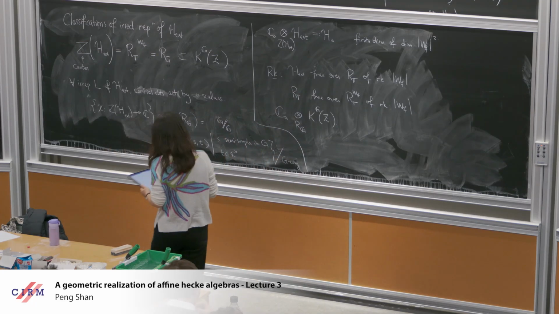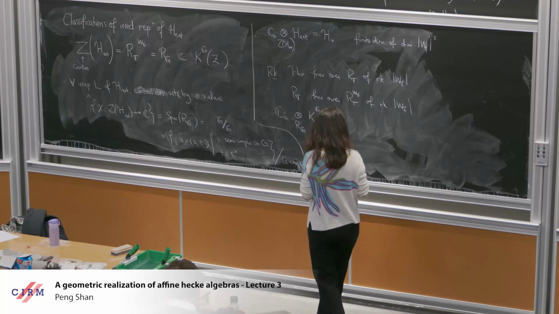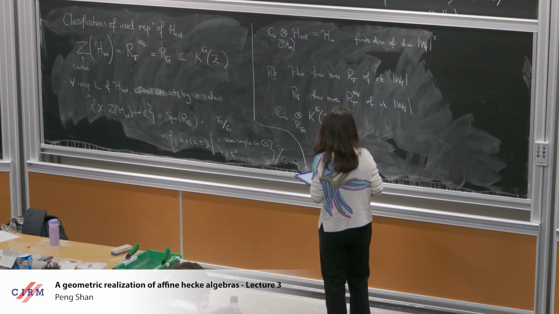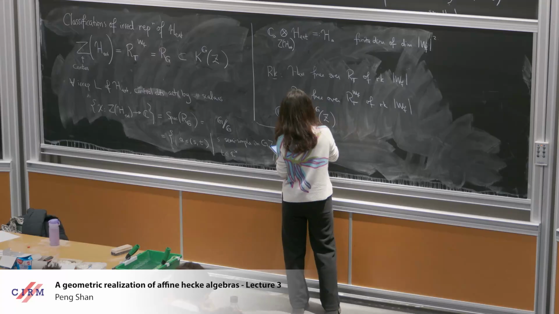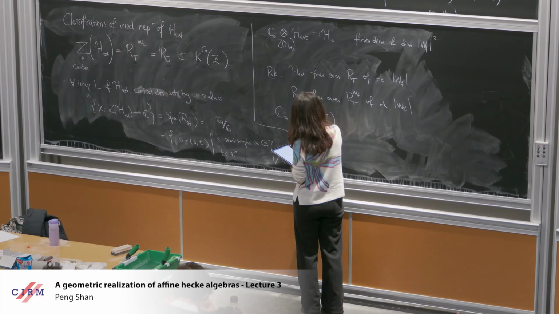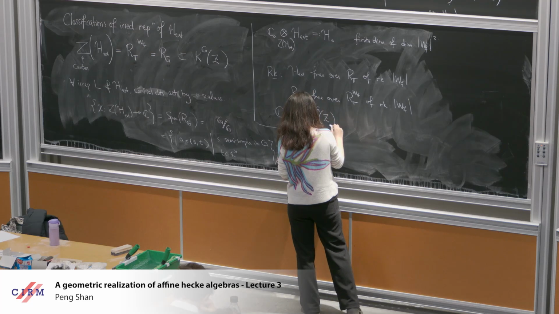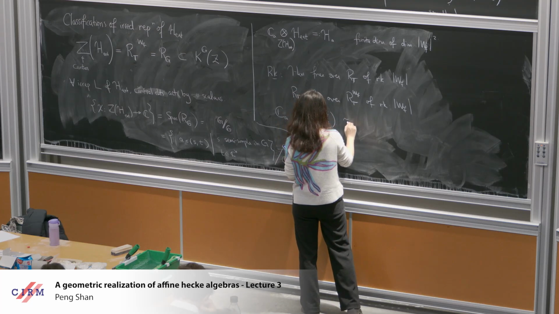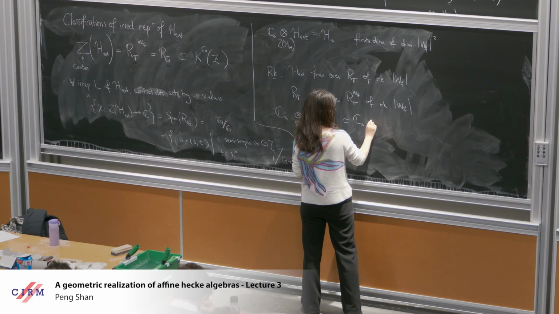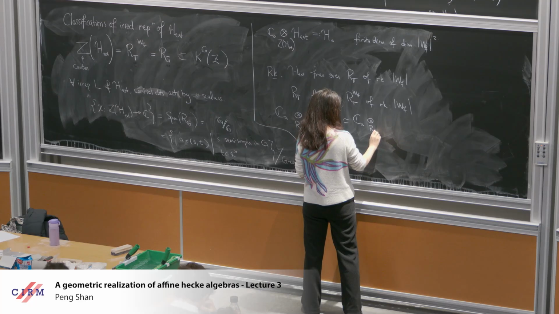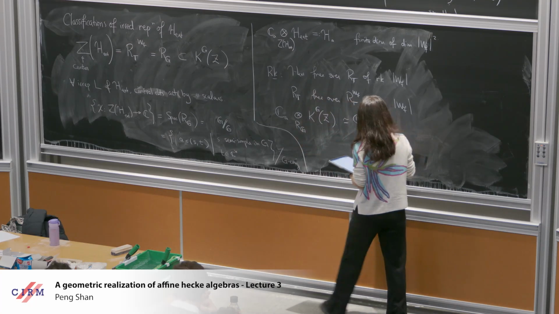And this, again, you can use the localization theorem to show that, since you have specialized to A, this is the same as taking C_A tensor with just the character ring of the subgroup generated by A.